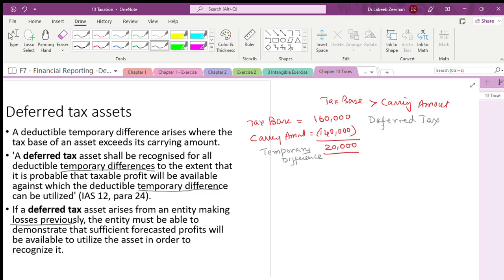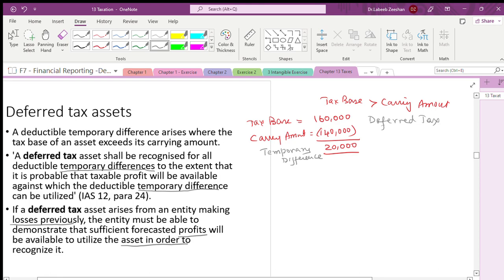If you are having losses, they will say that you take the average profits of the last 3 years and calculate. But if a firm is having losses, the firm should demonstrate that there are sufficient forecasted profits which can be utilized in order to recognize it.